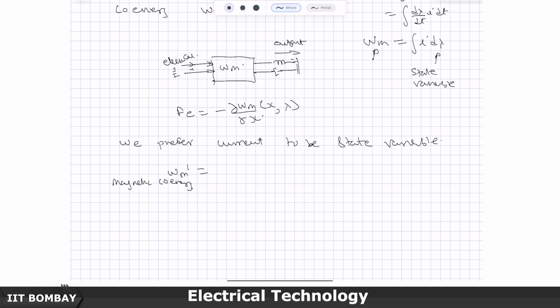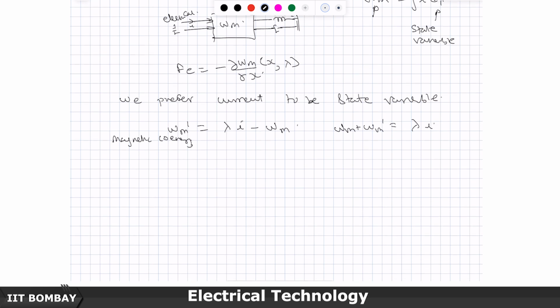That was for this single electrical source, single mechanical work done kind of system, the basic relay that we discussed, for example. We defined this as this, that means the sum of energy and co-energy is the product of lambda into I.